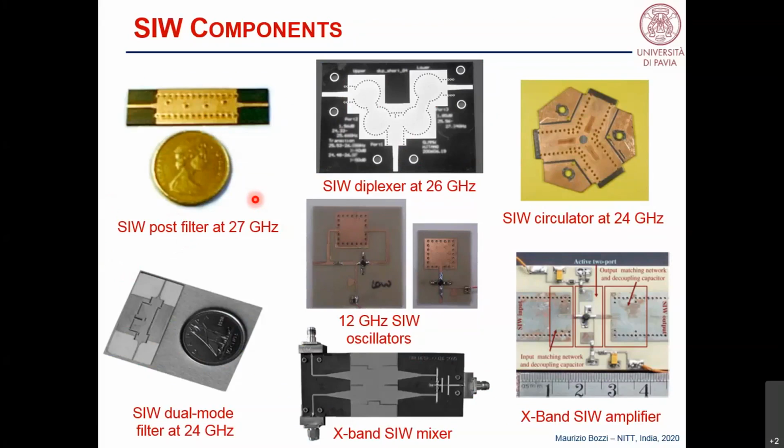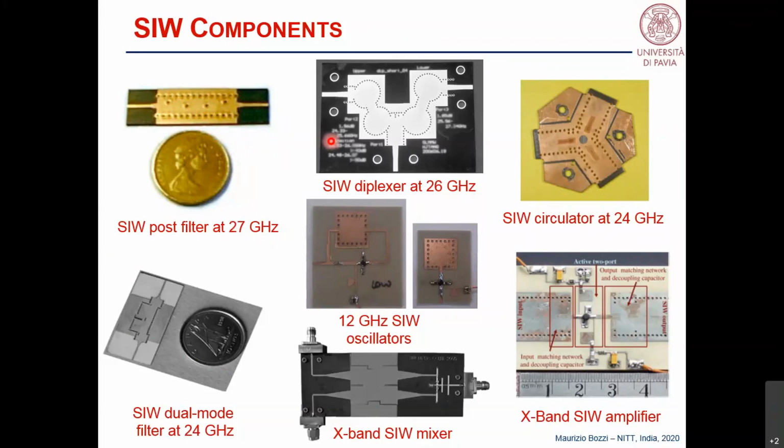You see here a filter that is implemented by using two rows of metal cylinders and four metal posts that define three cavities. A very simple structure. This is a filter at 27 gigahertz. The size is probably a couple of centimeters, and the thickness is in the order of 1 millimeter. This is just electric substrate.